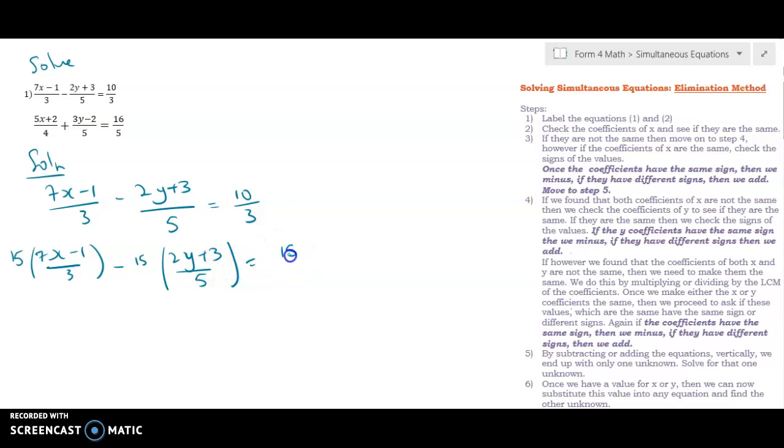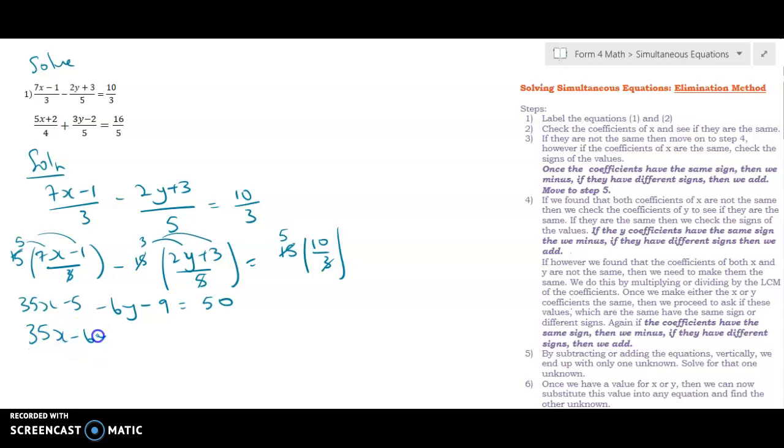Even though it seems monotonous, it's always nice to write out these steps. So this becomes 5. So 5 by this would be 35x minus 5. This becomes 3. And this becomes 50. Look how lovely this looks now. 35x minus 6y minus 14.